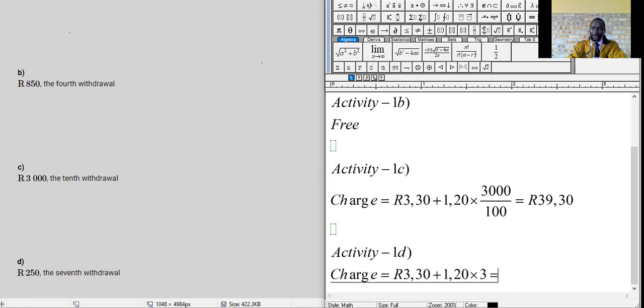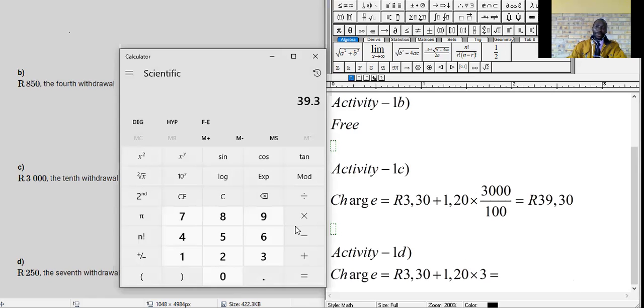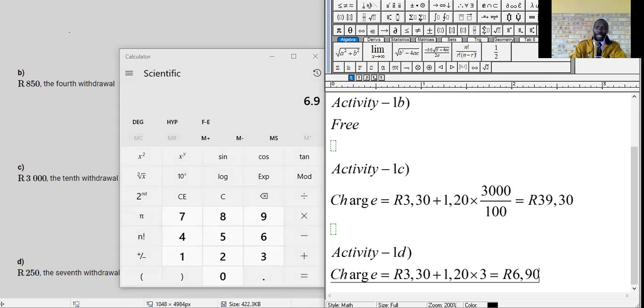This way, we can carry on our calculation. Well, when we calculate this quite carefully, we'll be having 3.30 plus 1.20, which we then have to multiply with 3. This one will give us 6.9. So yes, it's going to be 6.90. So this is the charge.